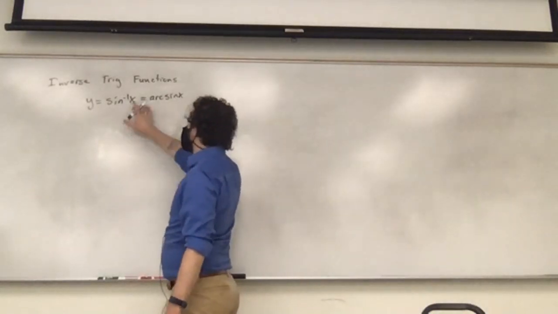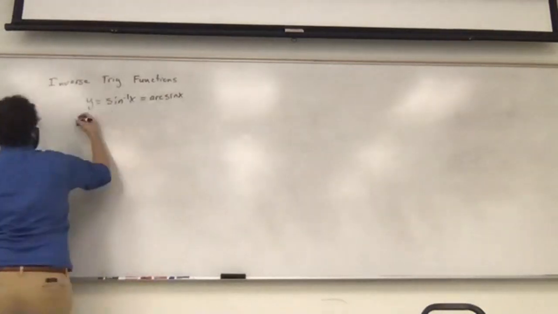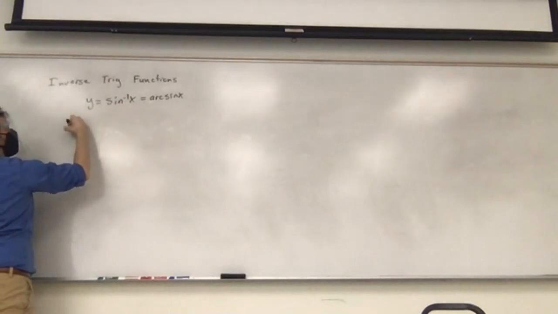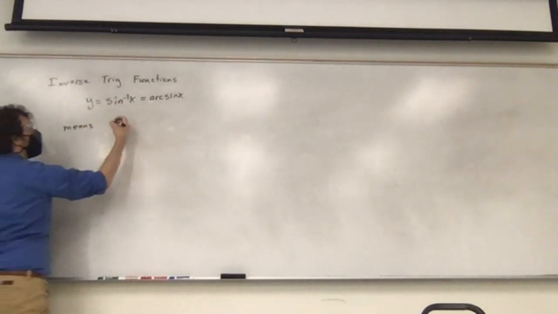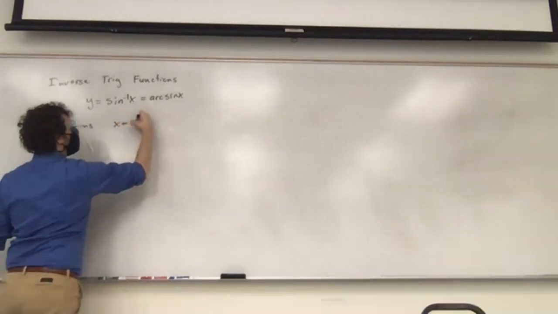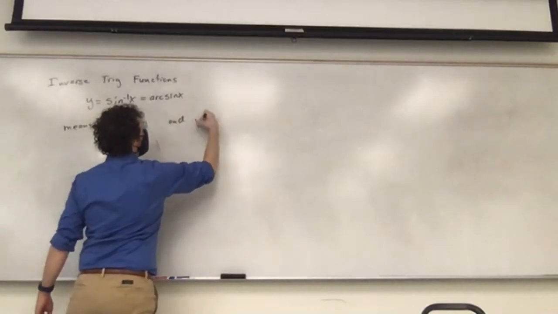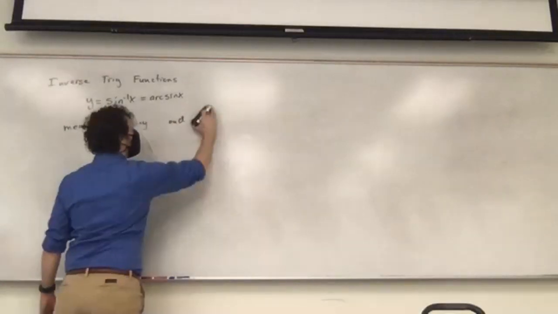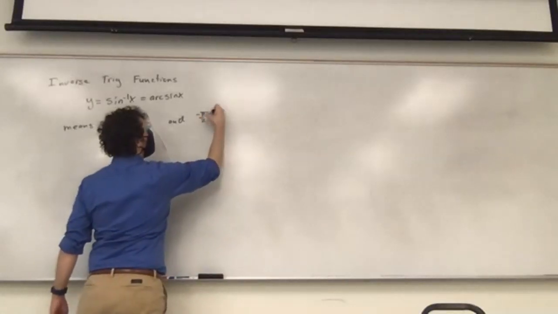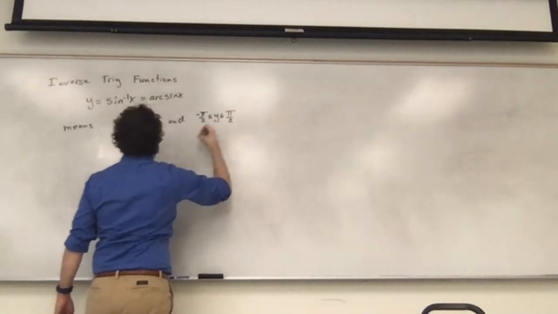As a brief recap of what this actually means, if sine inverse of x equals y, that means that x is sine of y, and negative pi over 2 is less than or equal to y is less than or equal to pi over 2.